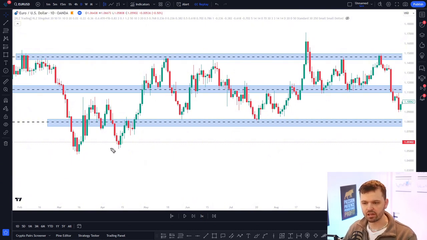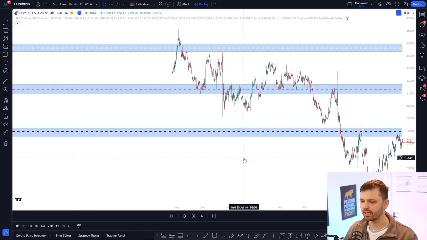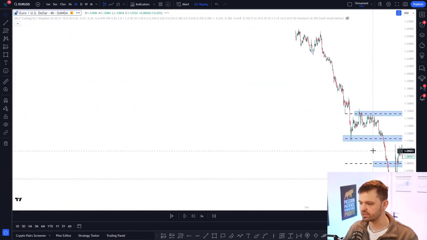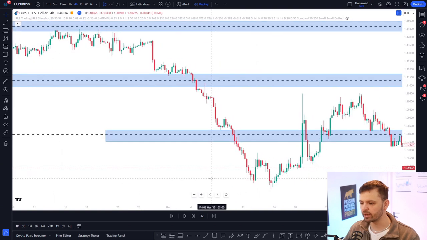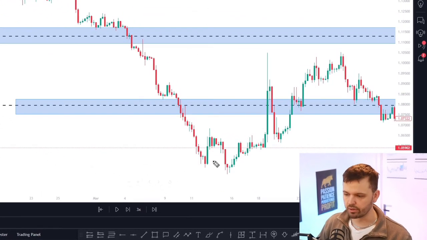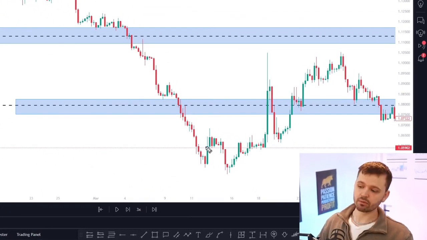And then for the actual entry trigger, you can zoom in on the 4 hour. And let's see if we can get to the same place. You zoom in on the 4 hour and you wait for simply a 4 hour bullish engulfing candle, with stops down here for a move up here.